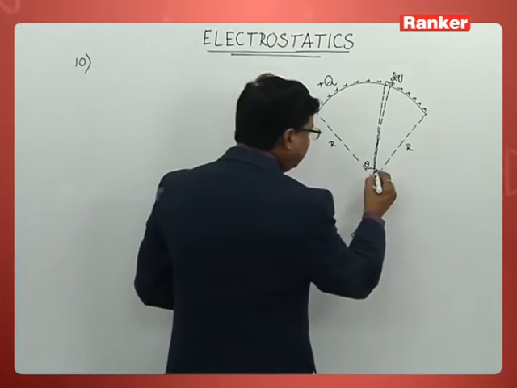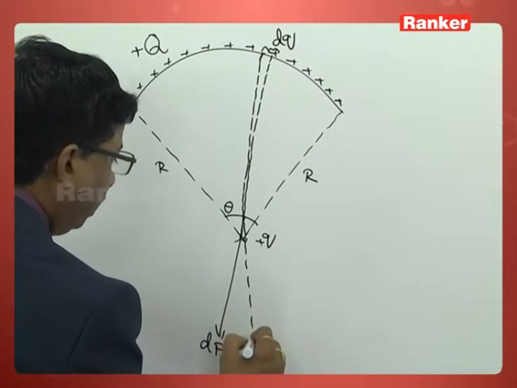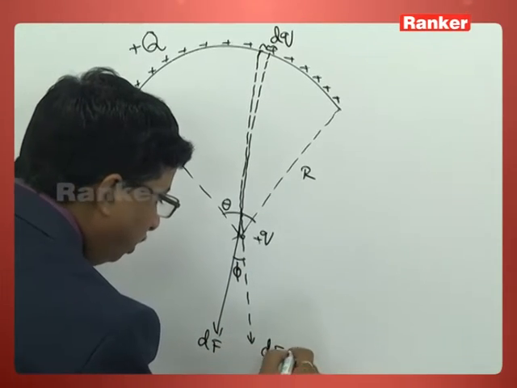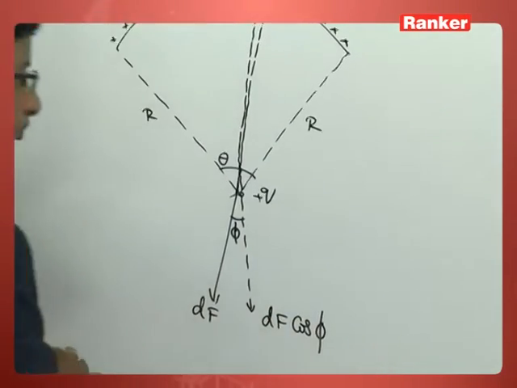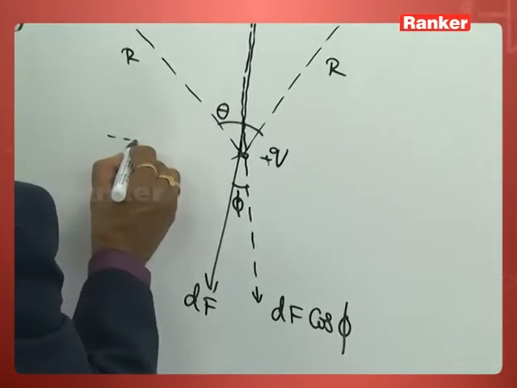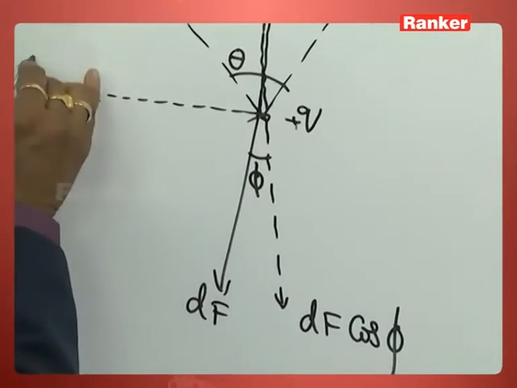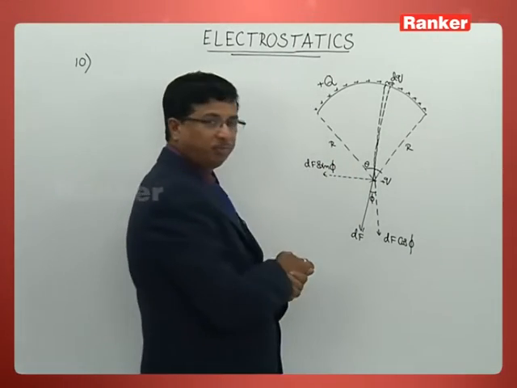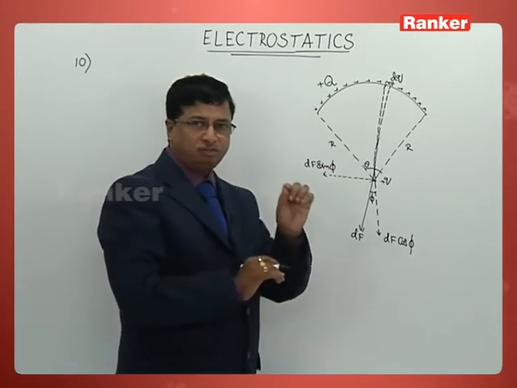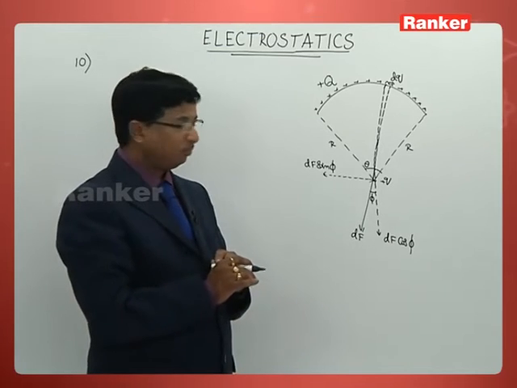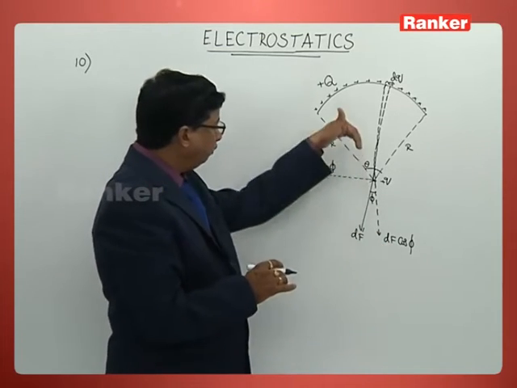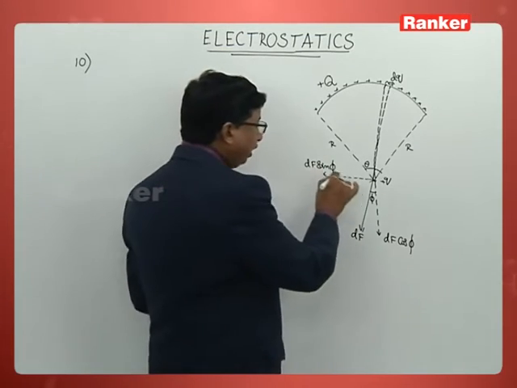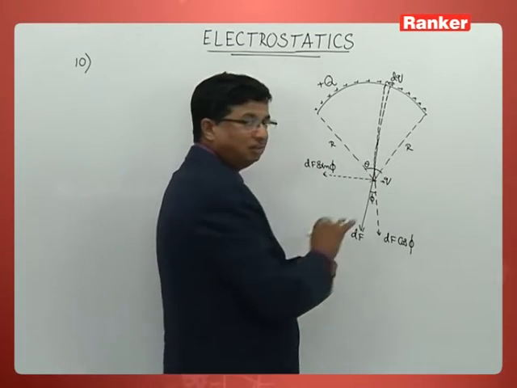If I take this particular angle, what it is making with this as phi, then what will be this component now? dF cos phi. And what will now be the component over here? dF sin phi. But every one of you can easily understand in this case, dF cos phi values are being added up, whereas dF sin phi values are going to be cancelled.